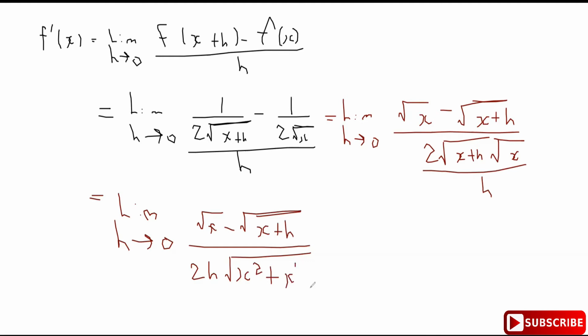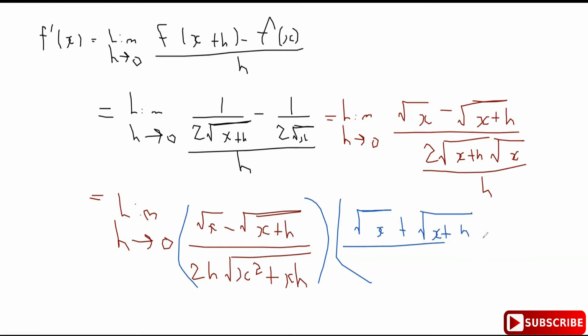Then what are you going to do? You're going to rationalize the numerator by multiplying by its conjugate. The conjugate of the numerator is root x plus root x plus h, over 2 times h times the square root of x squared plus xh.